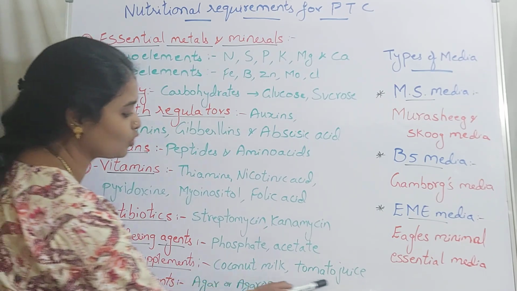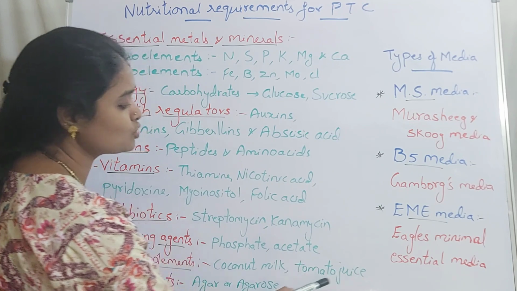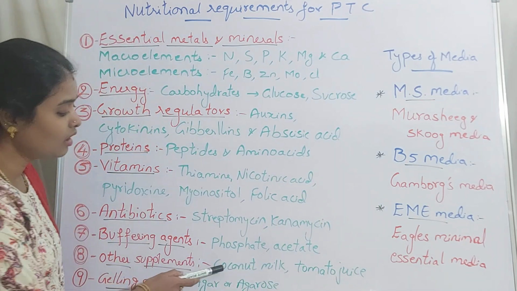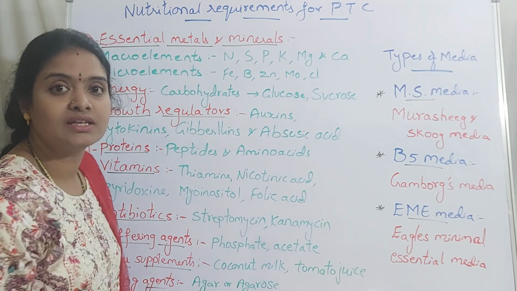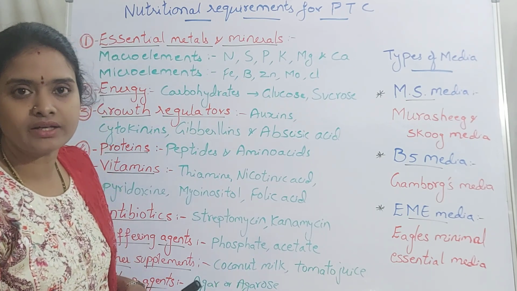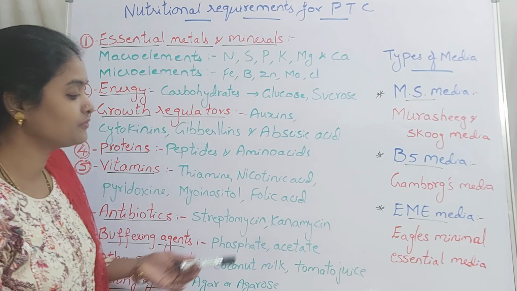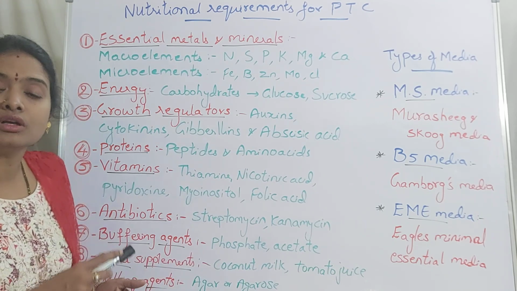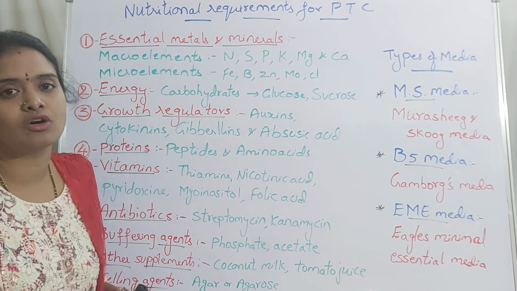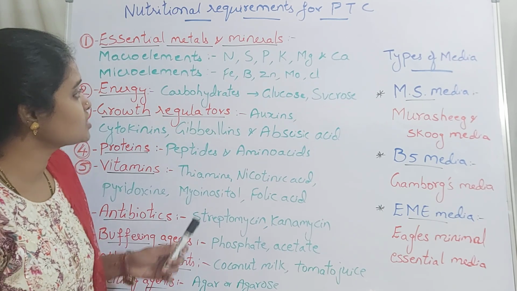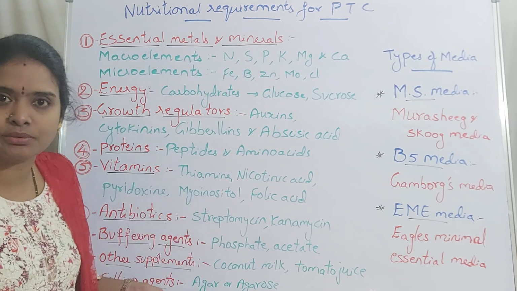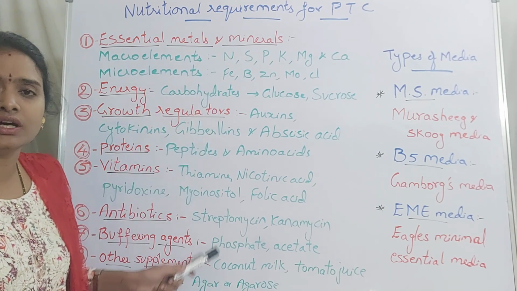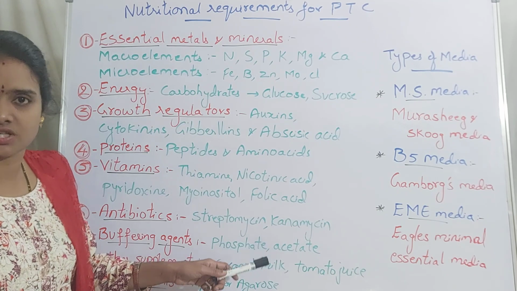Here you have the coconut milk, tomato juice, orange juice or banana juice. All these components are heat labile compounds, right? So if you are adding any heat labile compound, you are not going to sterilize them by using autoclaving, right? If these compounds are heat stable, you are going to add all the heat stable compounds and go for autoclaving, for sterilization.